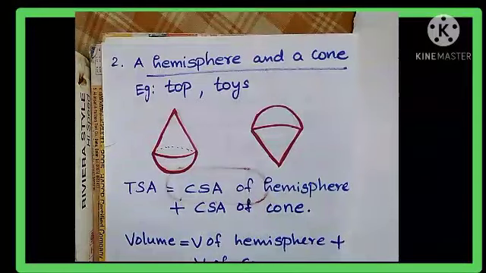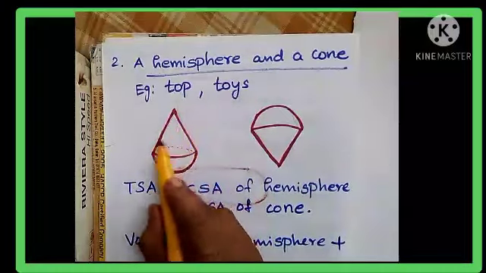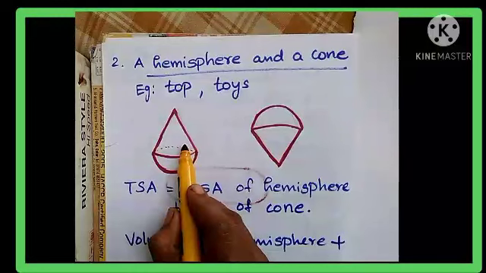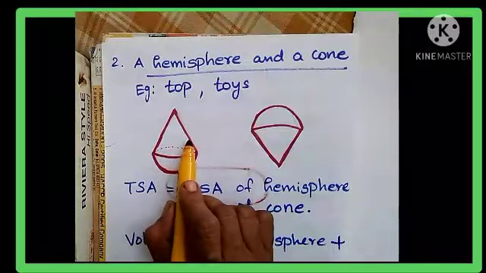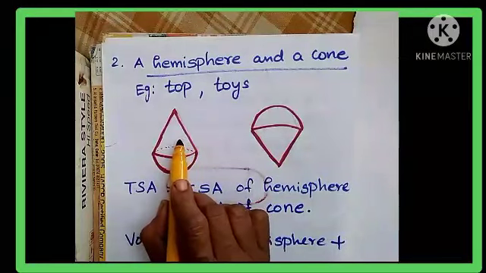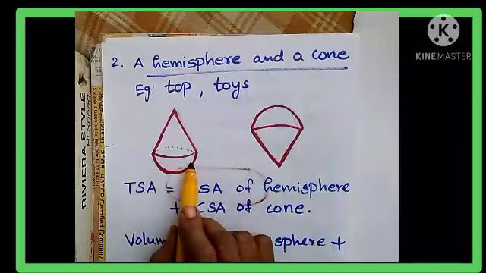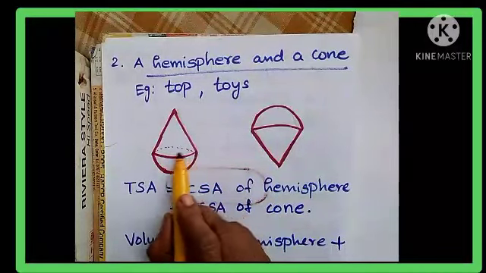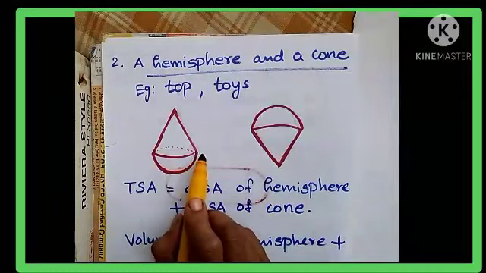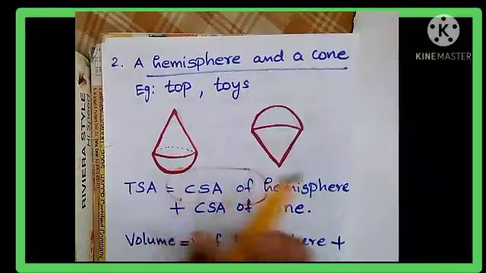Now what is its total surface area? How much area can you paint here? Here it is the curved surface area, the CSA of the cone and also the CSA of the hemisphere. Understand? One circular portion is there that is not seen outside. That will be inside the solid.